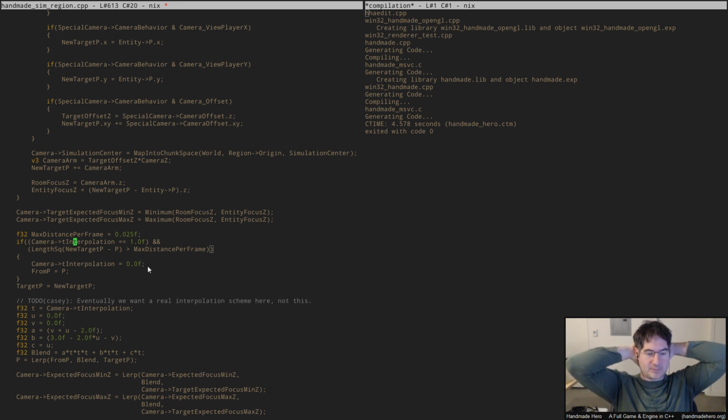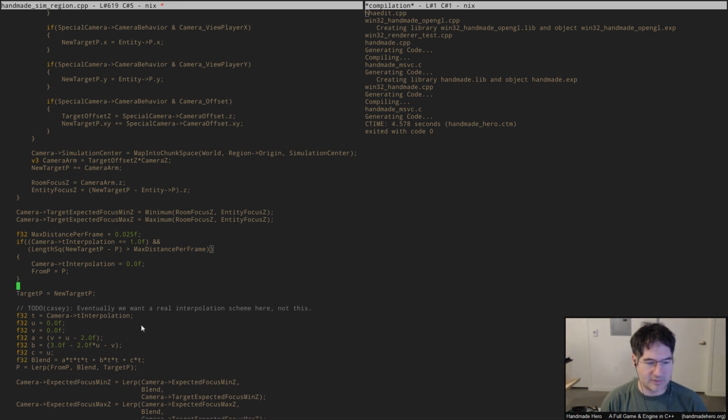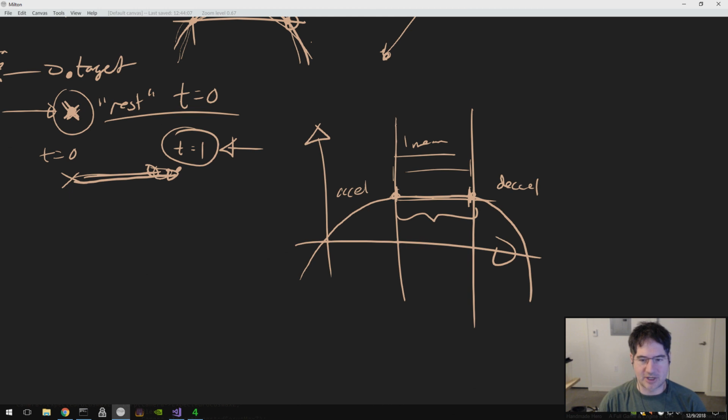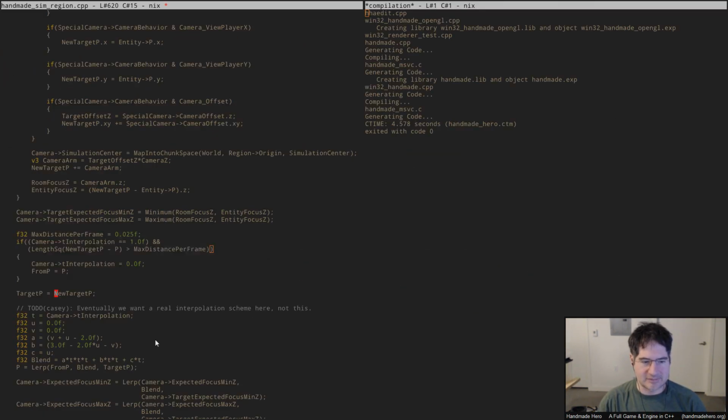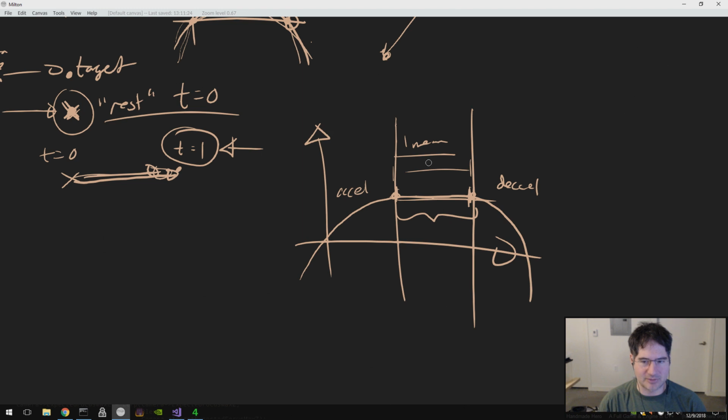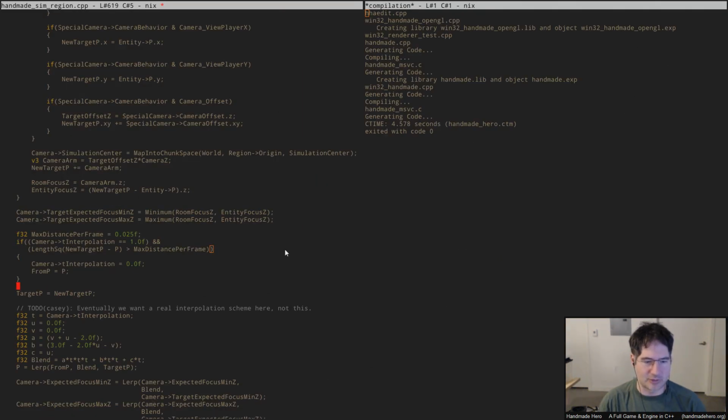So when we set new target P, we've got to make that be something that's at least a linear interpolation or something, right? And so I think we do get back to what I was talking about here. Even though it seems like we could have handled it without that, I'm not sure we really can. I think we are going to have to do the more fuller featured part where we deal with the continuously moving new target as something real, because we always could hop around in some way like we were doing there, where we need it to smooth out those motions and think about them more critically, right?